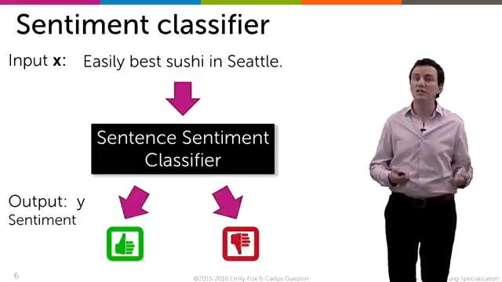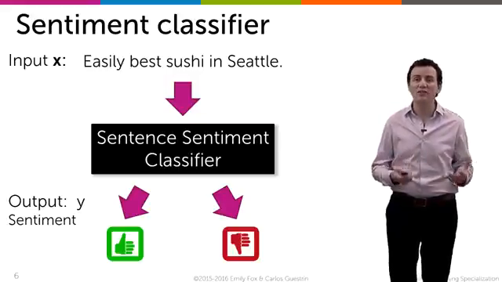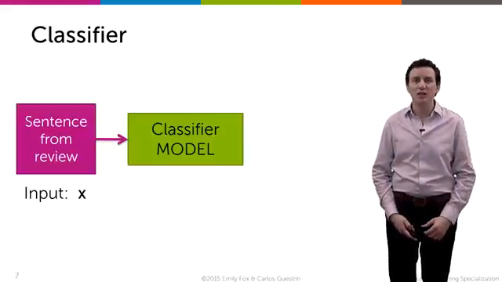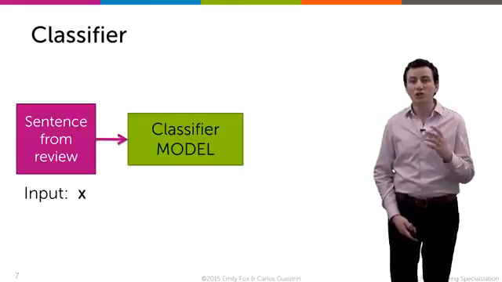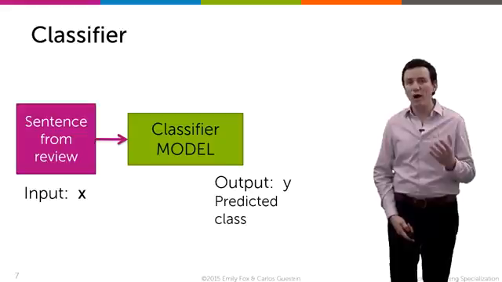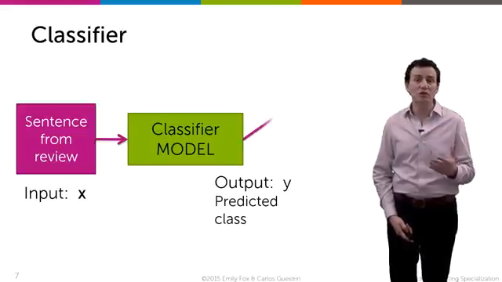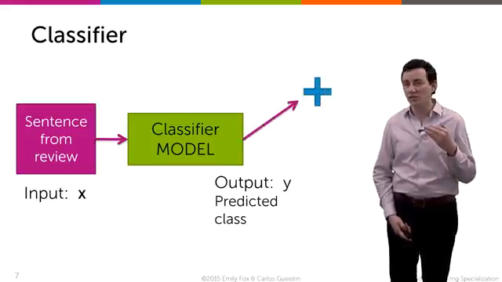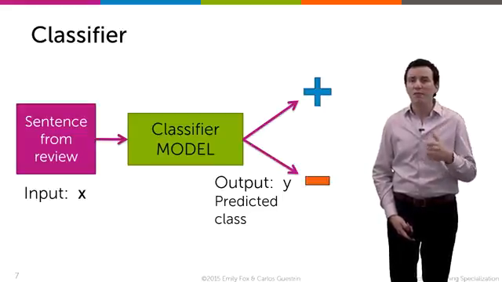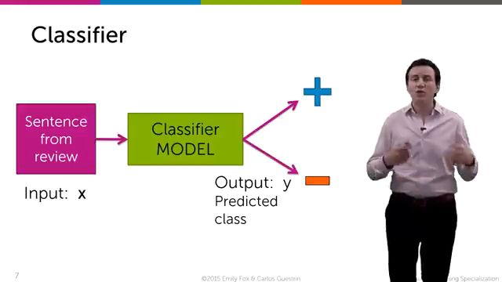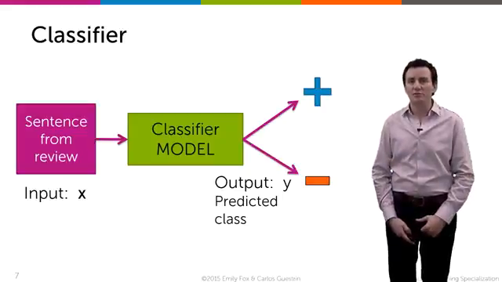And we can use these predictions in a wide range of ways, as we'll see soon. In general, a classifier is about taking some input X, pushing it through some model, which predicts Y that might be, for example, two classes or multiple classes, so say positive or negative, or as we'll see, it could be 3, 4, or more categories.